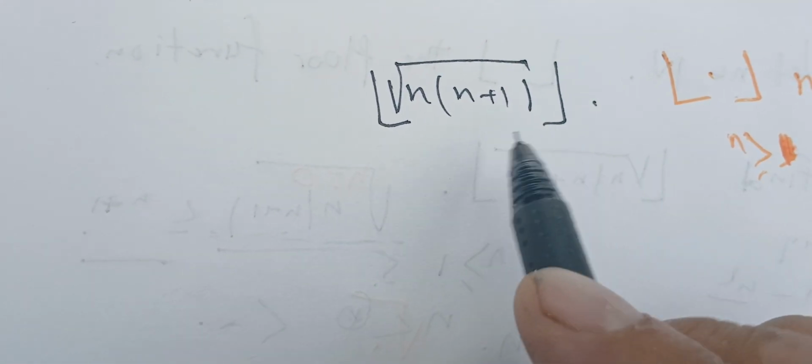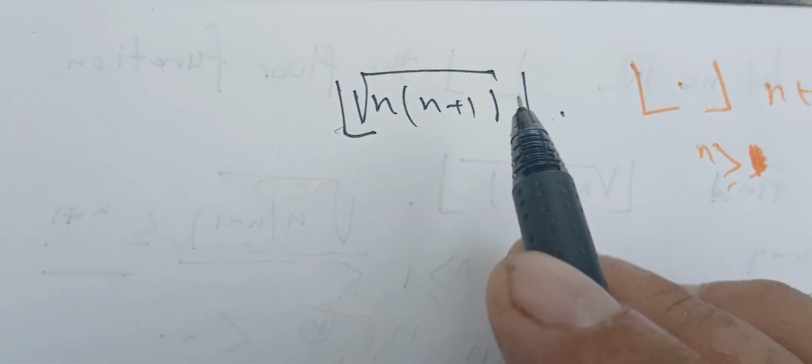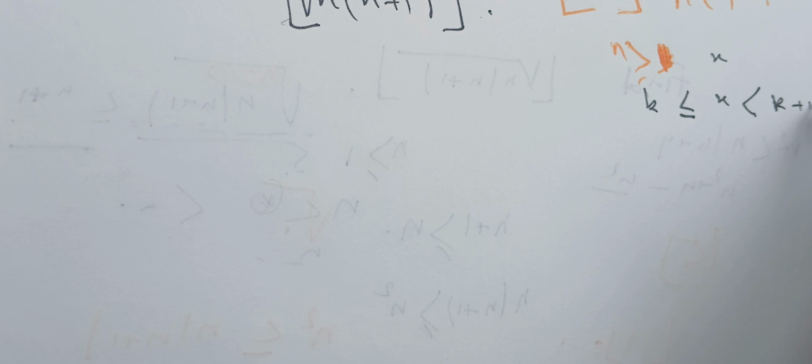One key idea we're going to start working with is that we need to find the floor and show that it's the smallest, because the floor of some number x is the smallest k such that k is less than or equal to x and x is less than k plus 1.